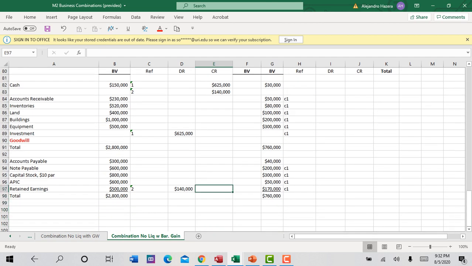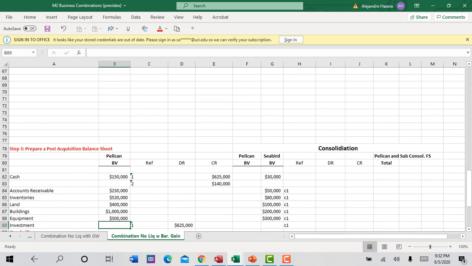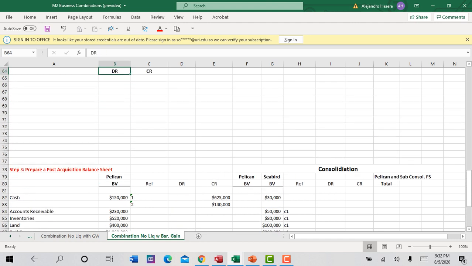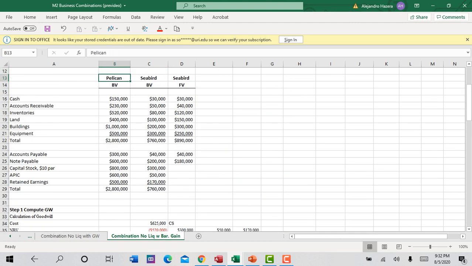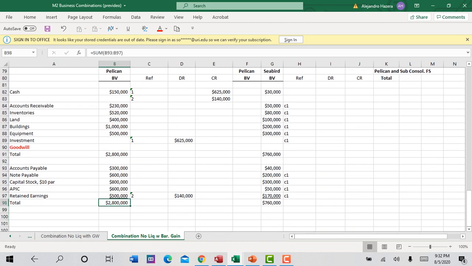So what's happened is the parent started with this balance sheet here, which balances at $2.8 million and is the same as the balance sheet up here. All I've done is take the parent's original balance sheet and update it for the two entries which it's made on its books, the investment entry and the expense entry.